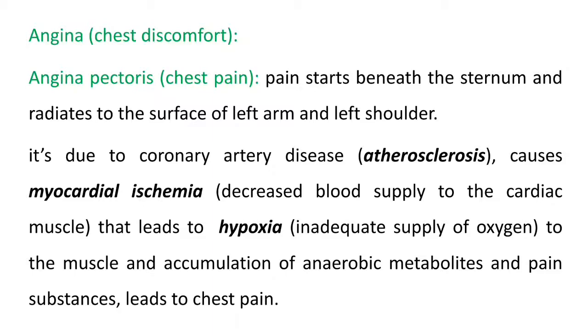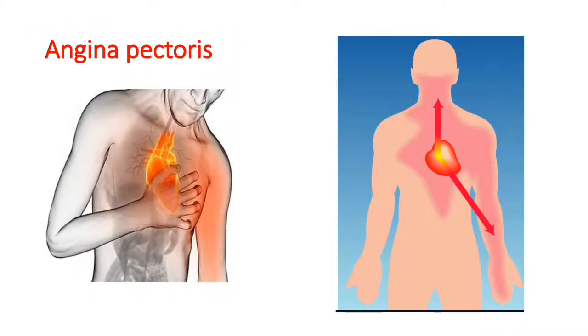Hypoxia means inadequate supply of oxygen to that muscle, and because of no oxygen there is accumulation of anaerobic metabolites, like lactate and pain substances, that leads to the chest pain.